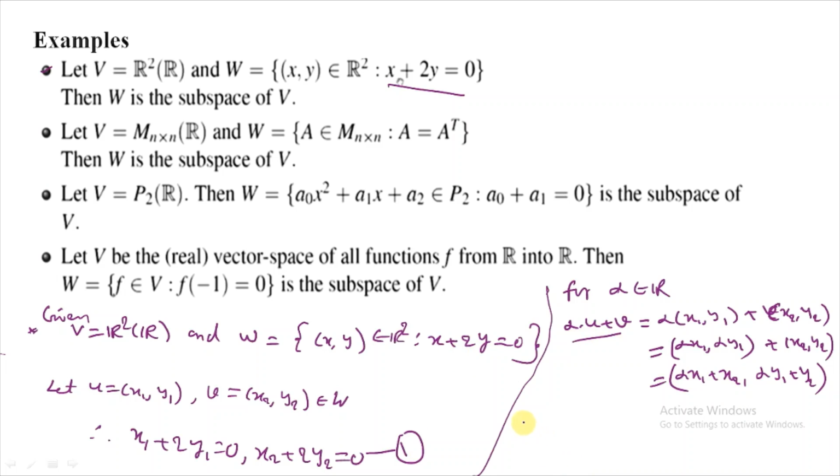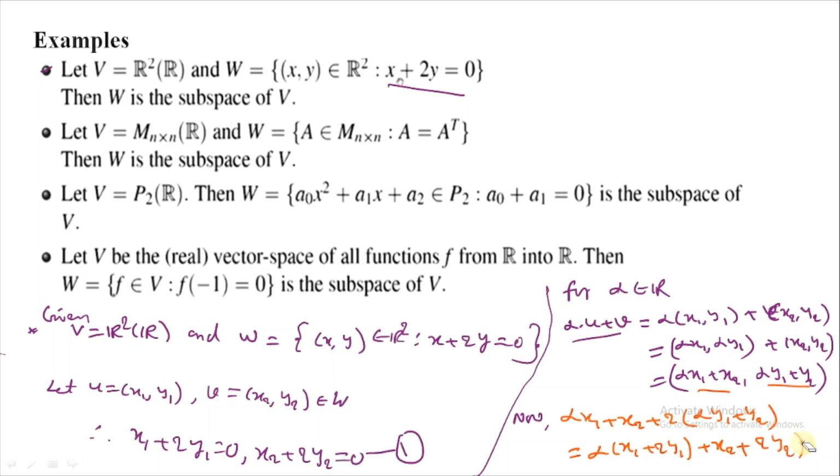Now check that. x plus 2y means the first vector: in place of x, the first coordinate, is alpha (x1 plus x2), plus 2 into y, and in place of y, the second coordinate, is alpha (y1 plus y2). This is equal to, if you take alpha common, (x1 plus 2y1) plus (x2 plus 2y2).